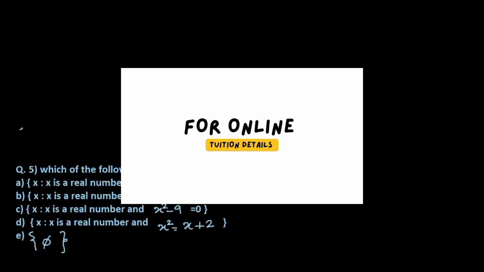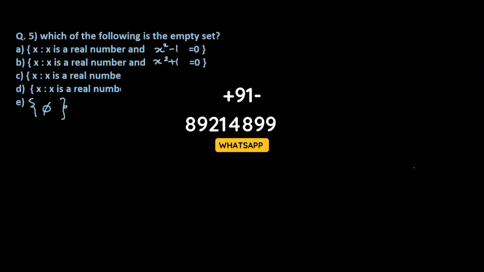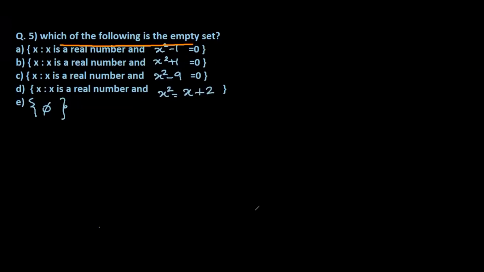And the last question in this video is the fifth one. Which of the following is the empty set? See, 5 options are given here. Out of this, 1 is the empty set. Empty set means there is no real root for the given data.